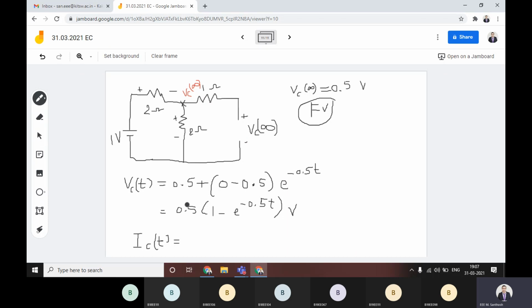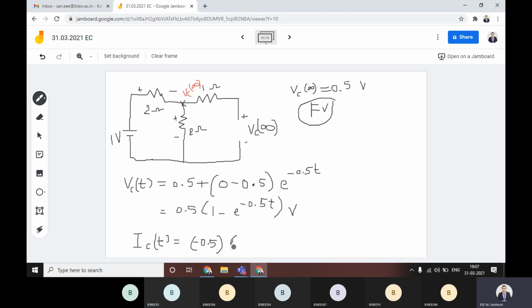This is 0.5 into 1. For the first part it is a constant. For a constant, the derivative is equal to 0. Then if you multiply this 0.5 to this side, this is minus 0.5 first you have, right? Minus 0.5. Very good.